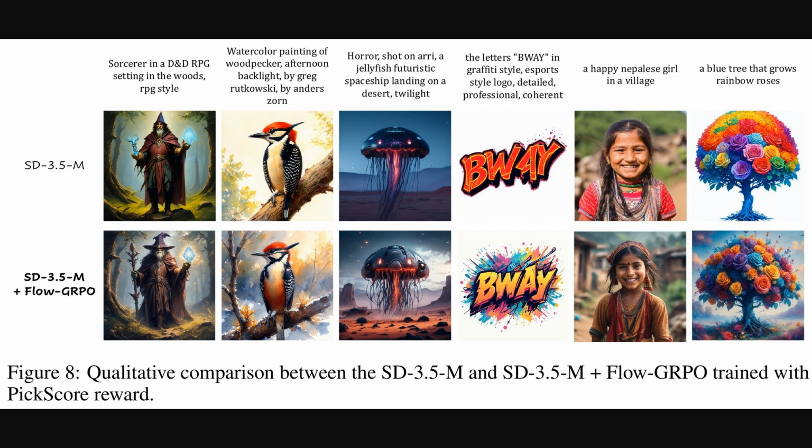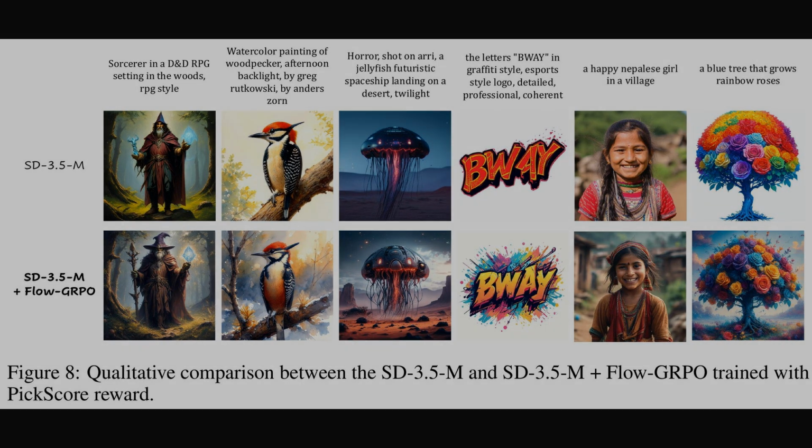Looking at these examples, the top row is the standard SD 3.5M, and the bottom row is with Flow-GRPO. You can see subtle but often significant improvements in the Flow-GRPO versions, like the graffiti having a bit more artistic flair, or the blue tree that grows rainbow roses appearing more vibrant and well composed, suggesting better alignment with what a human might find appealing.